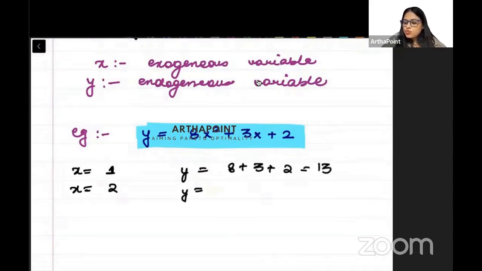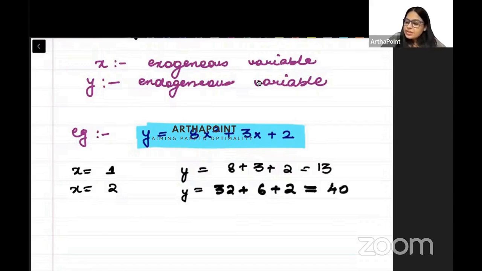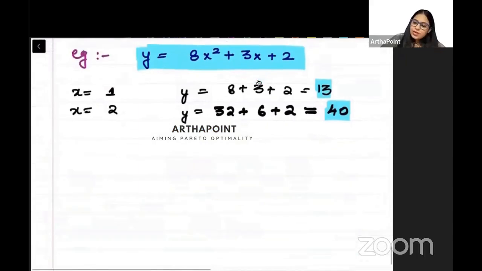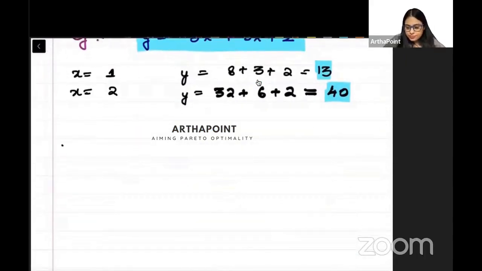Here you will get 2 into 2, 4, 32, plus 3 into 2, 6, plus 2, 40. So y depends on what value of x we have chosen. Right? So that is the first example.